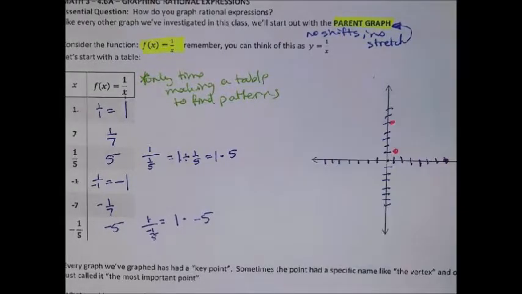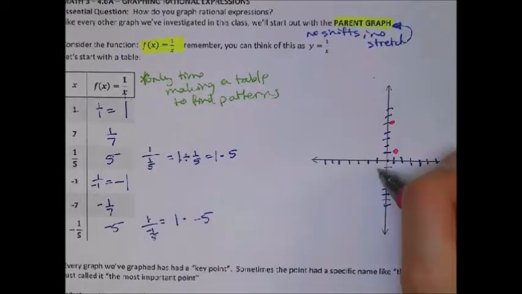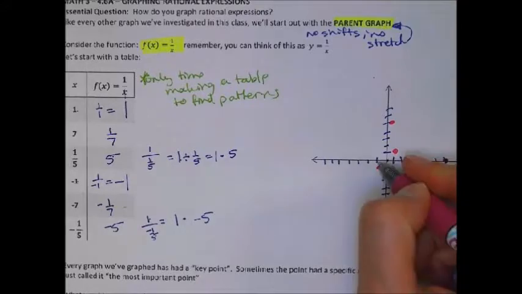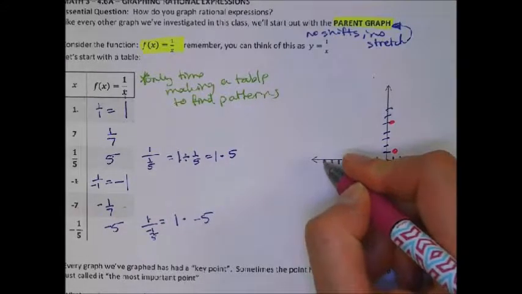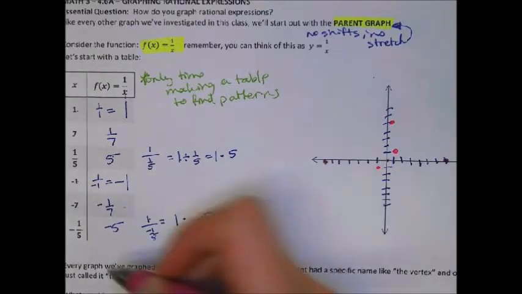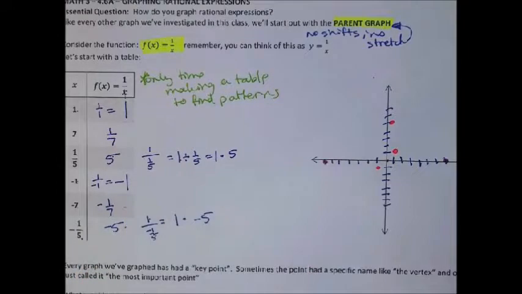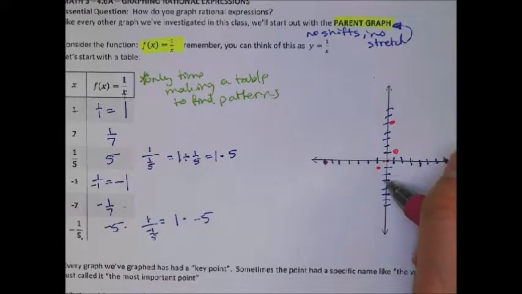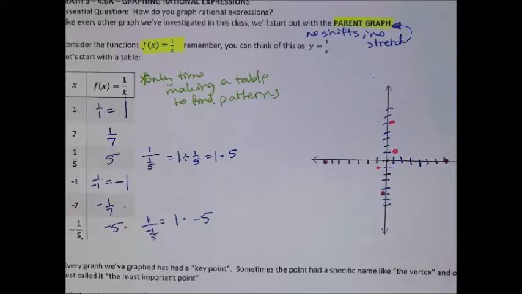Really close to right there. -1, -1, right there. -7, -1/7, so again, all the way over to -7 and really close to the x-axis. -1/5, -5. So -1/5 is really close to the y-axis, and -5 is right there.